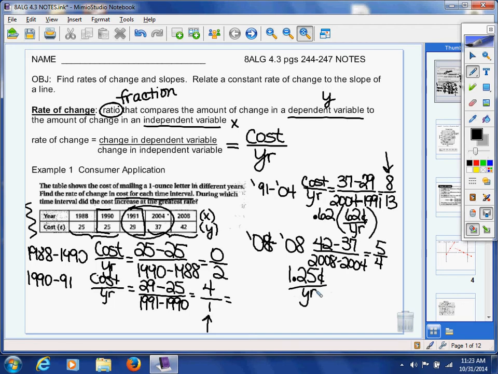Now, I do want to make one correction. Let me go back up to the top here. I think I said 62 cents per year. It wasn't 62 cents per year. It was 62 hundredths of a cent. That's not a whole penny. That's a little over half a penny. So this increase from 1991 to 2004, that increase is actually very minimal.